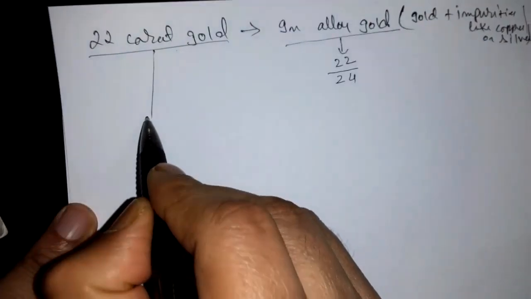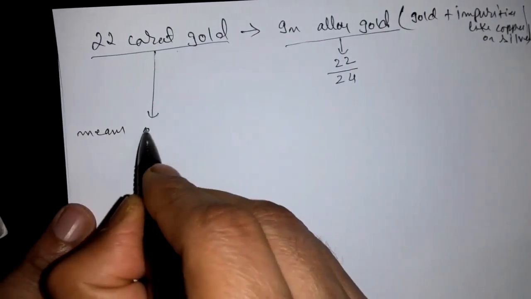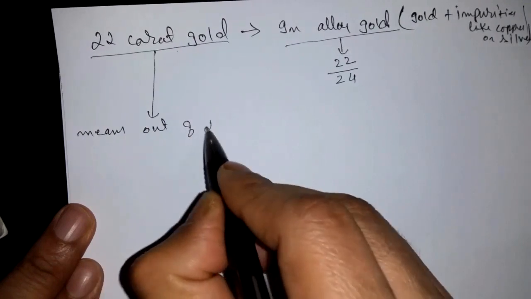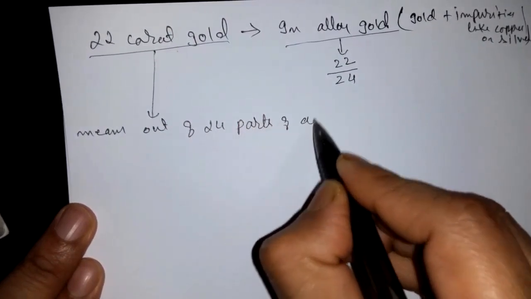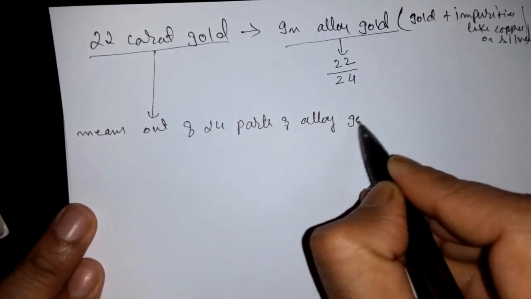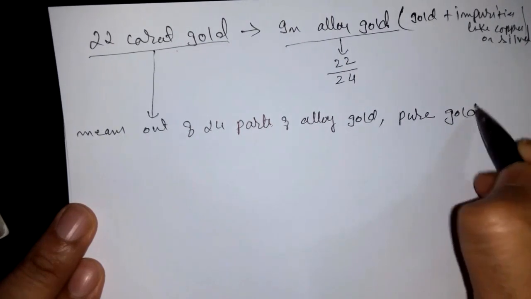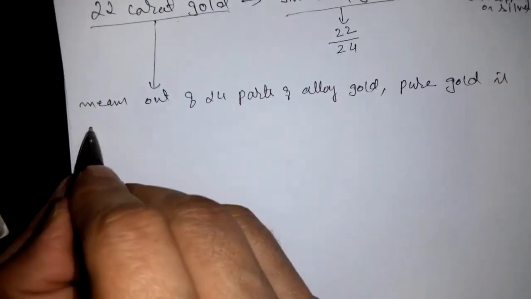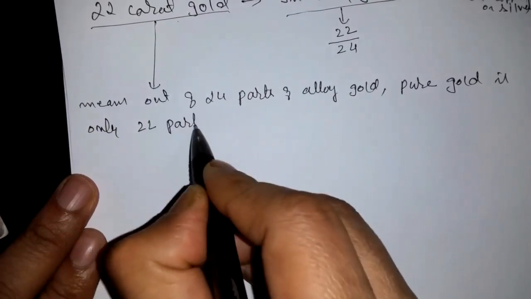So 22 karat gold means out of 24 parts of alloy gold, pure gold is only 22 parts.